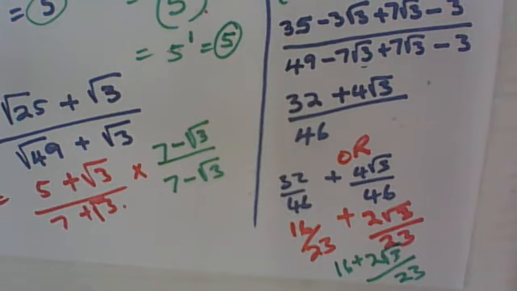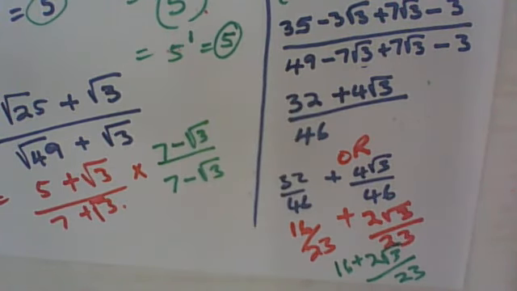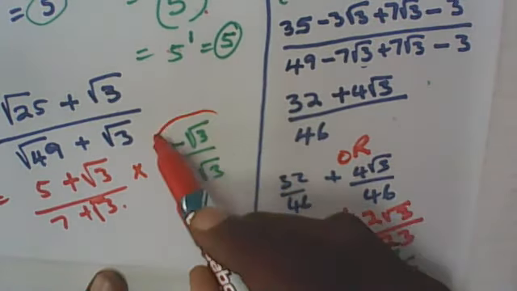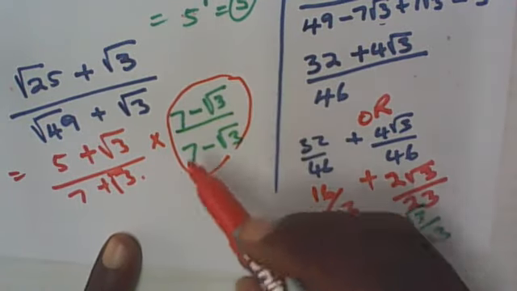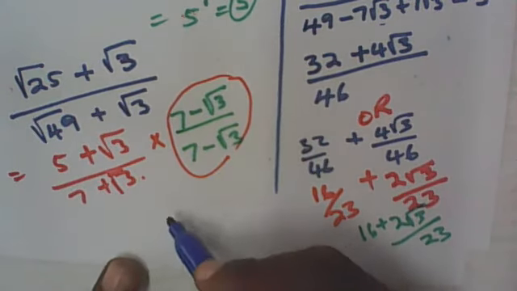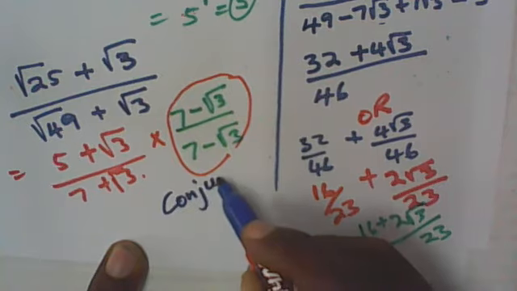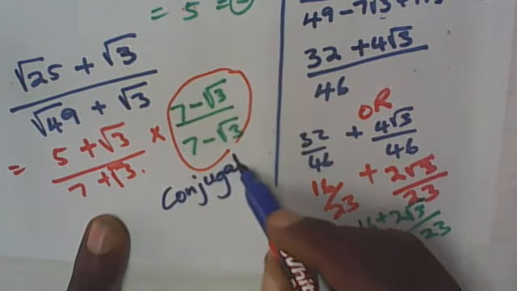Like in 7 plus root 3, the sign is positive, then we changed it to negative. That is why we had this. This is the conjugate. We multiply by the conjugate, so there is no change done to this.